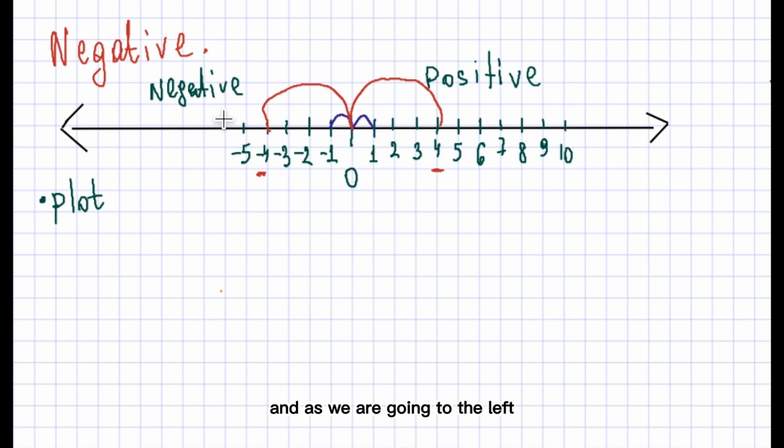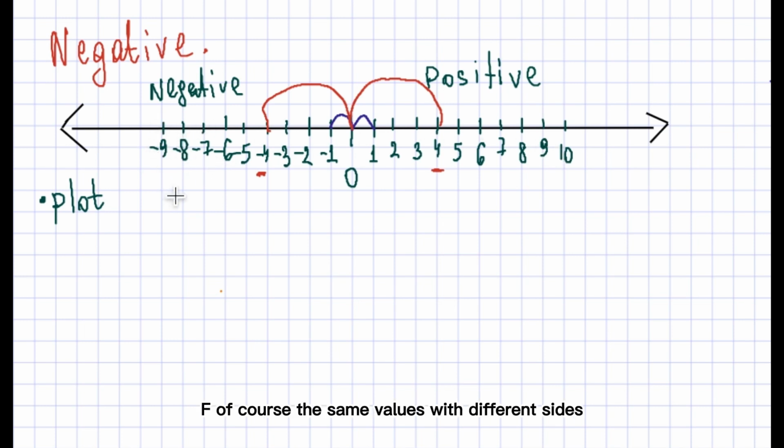And as we go to the left, numbers again get farther from 0, of course the same values on different sides.